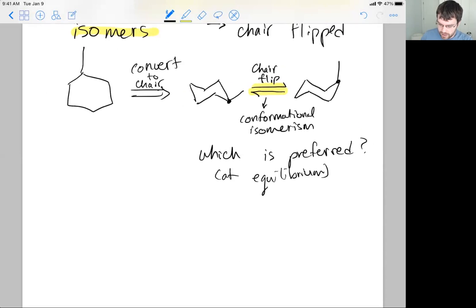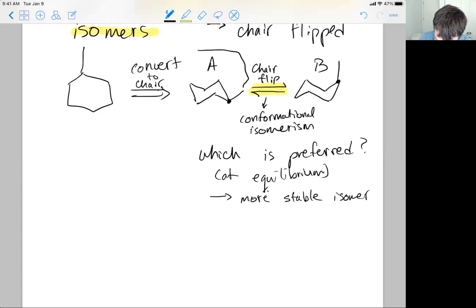Now, the answer to that question is the more stable isomer. So the more stable isomer is preferred at equilibrium. And in this case, between A and B, it is A.